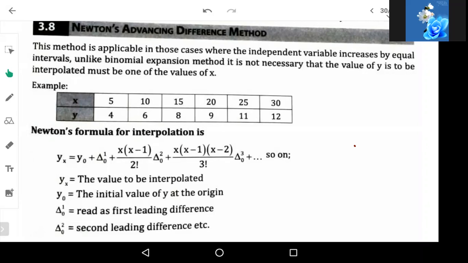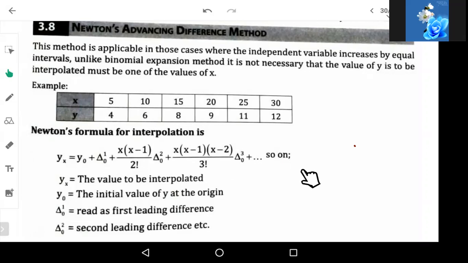Now, after this, we are supposed to see the formula for interpolation. If you check Newton's formula, y_x is equal to y0 plus x times the first leading difference, plus x(x minus 1) divided by 2 factorial times the second leading difference, plus x(x minus 1)(x minus 2) divided by 3 factorial times the third leading difference, and so on.